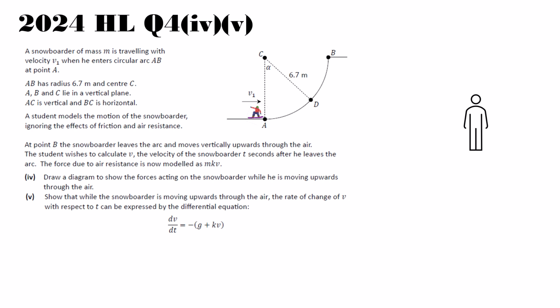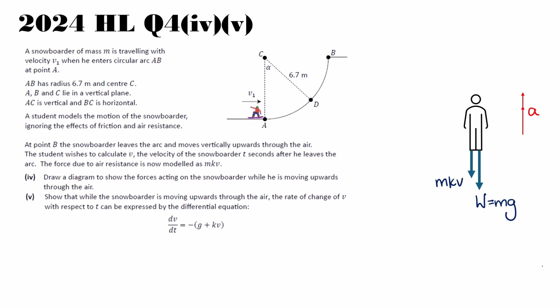So here's our snowboarder. As always, we have weight acting down. So our weight is mass times gravity, so we have mg. The snowboarder is moving upwards, which means that the air resistance is opposing motion. So here is our mkv.